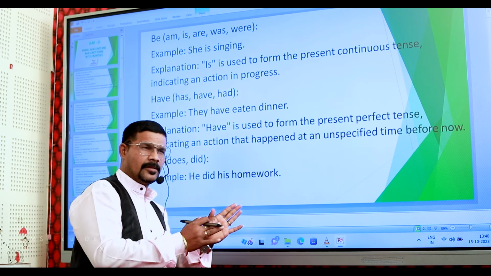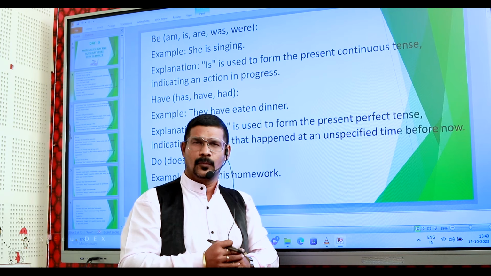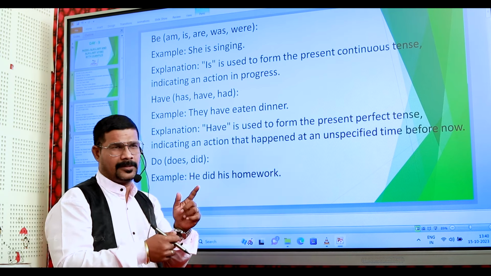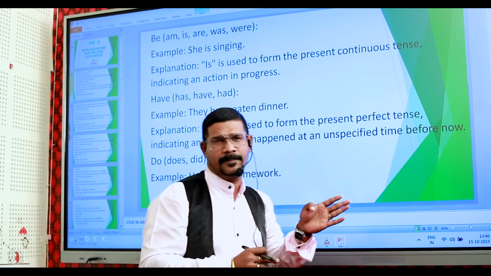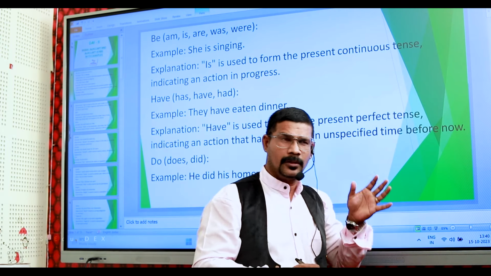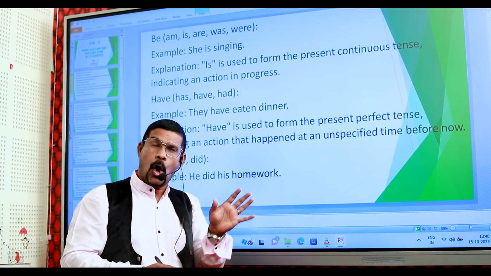And I'm going to list out the auxiliary verbs again. Is it possible to recall? Yes: can, could, may, might, shall, should, will, would, used to, ought to.